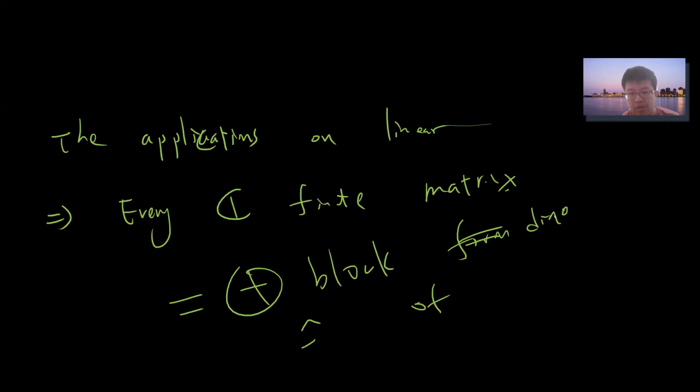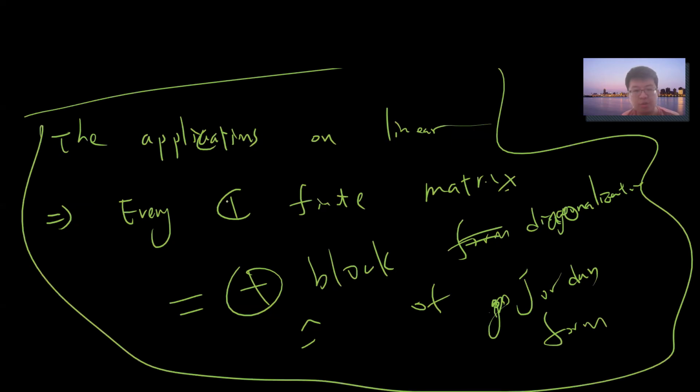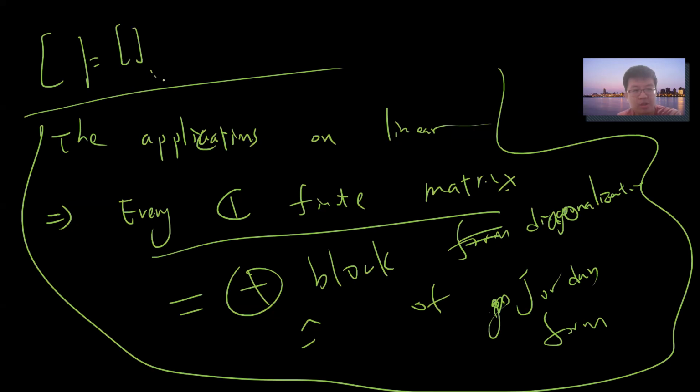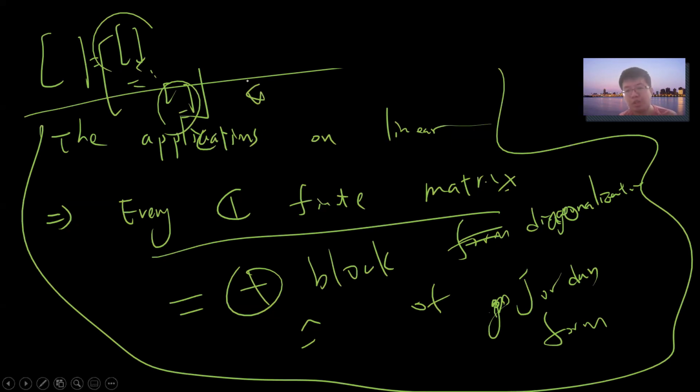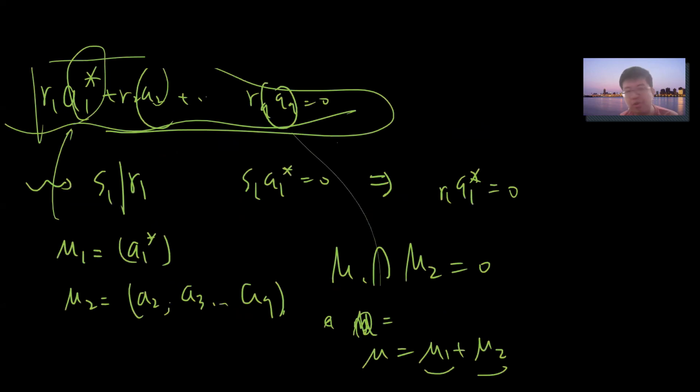This is the Jordan normal form. This is the famous theorem in linear algebra, the final heart of linear algebra, but in abstract algebra it is just this theory.